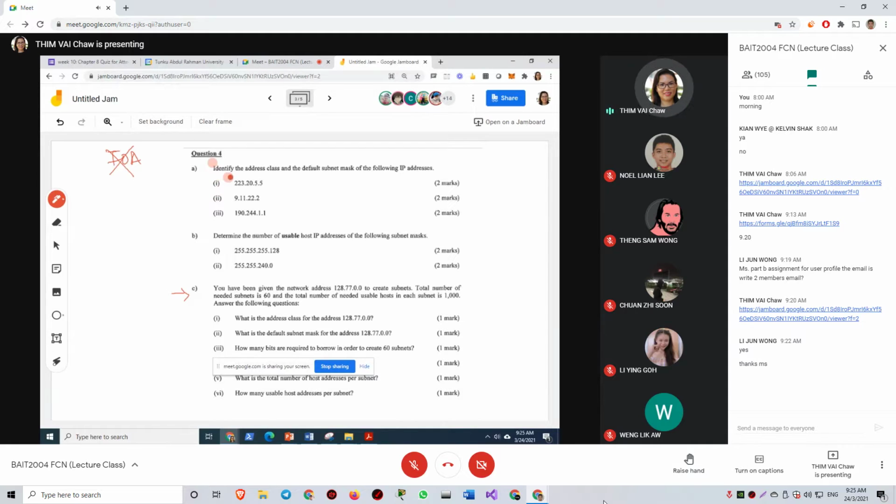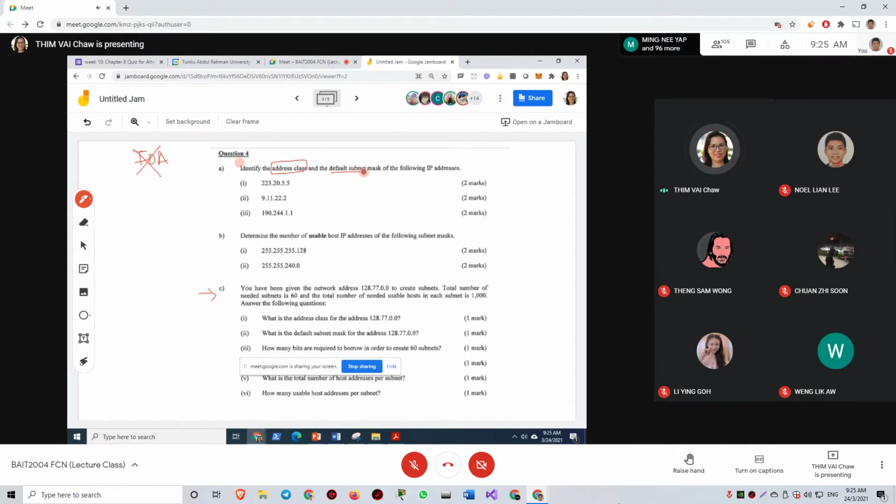So identify the address class. This is about the address class and also the default subnet mask.